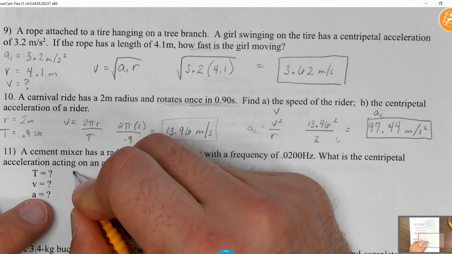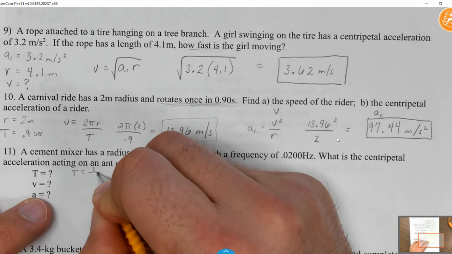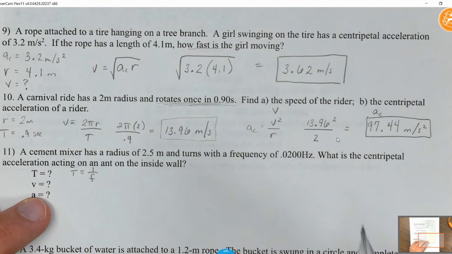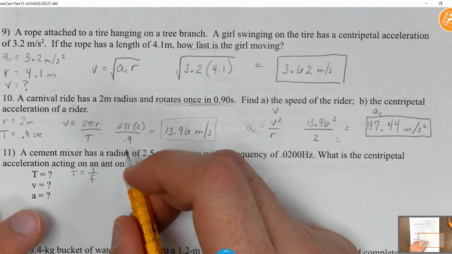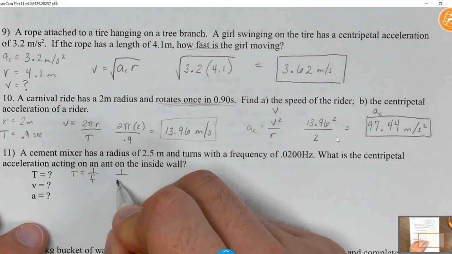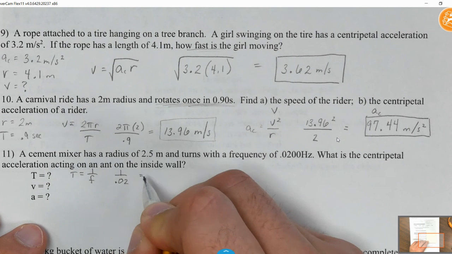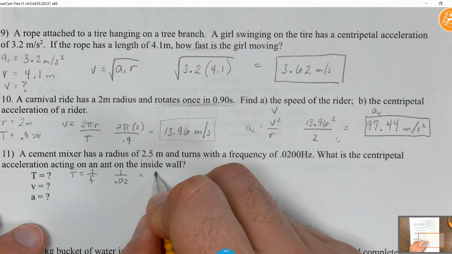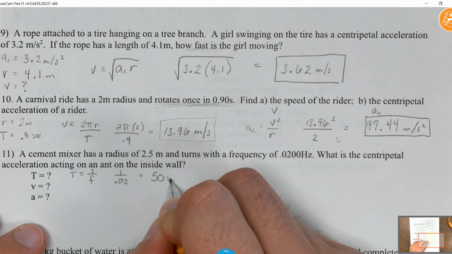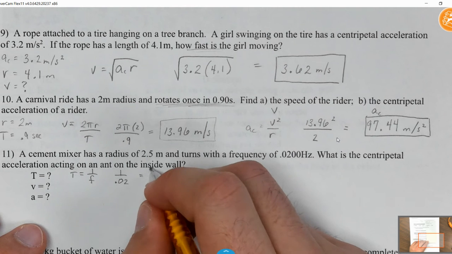On the front side, period is equal to 1 over F. We have F. So you would do 1 over 0.02 hertz. And that is going to give us a period of 50 seconds.